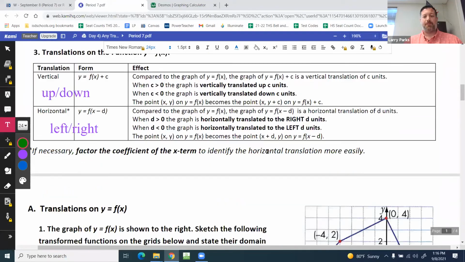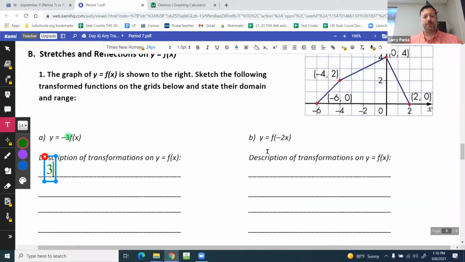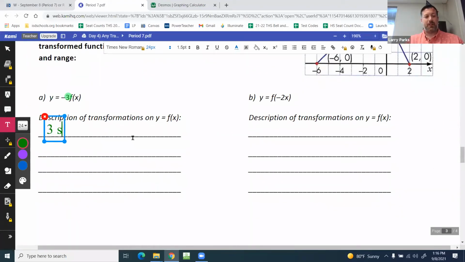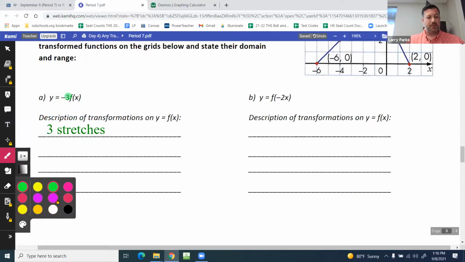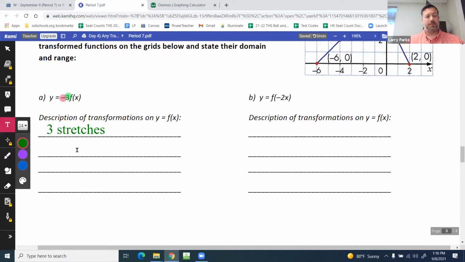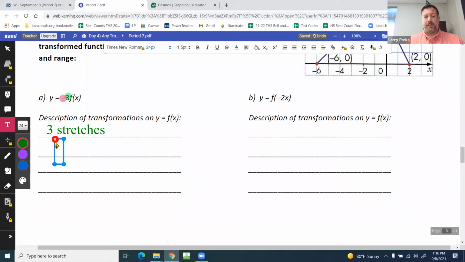Okay. So the 3 stretches. Okay. And then that negative sign, this negative sign right here, that negative sign is going to reflect over the x-axis.